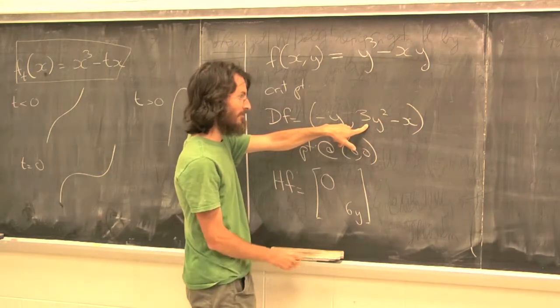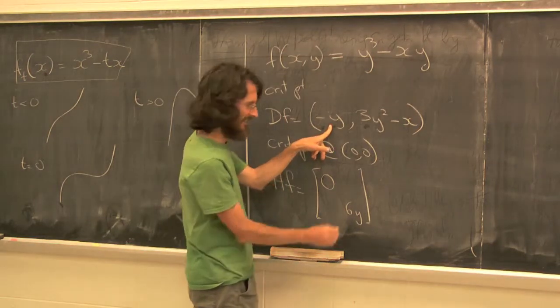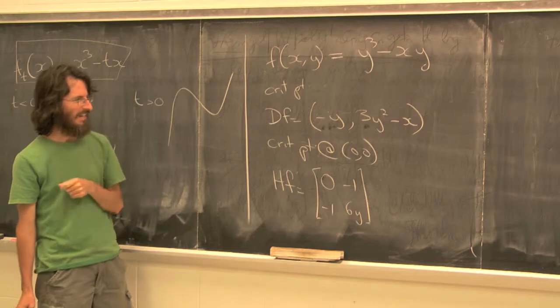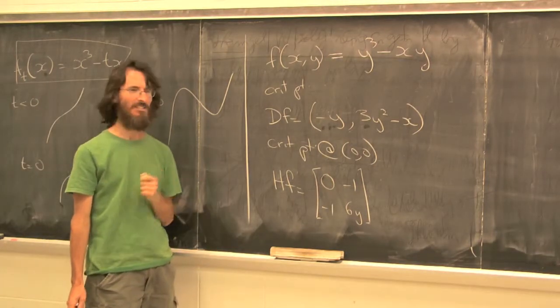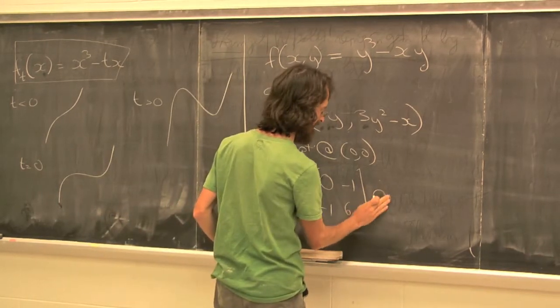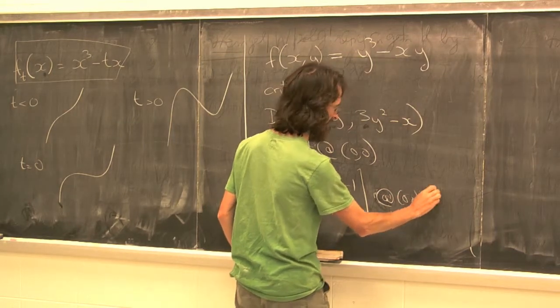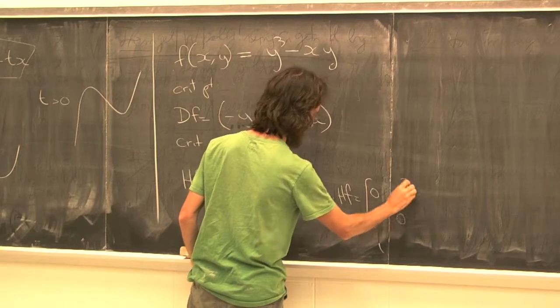And then the mixed partials should be equal, so I'll take this one and differentiate with respect to x, I get a -1 and a -1, right? And now I want to evaluate the Hessian at 0, 0. So at 0, 0, the Hessian of f is just 0, -1, -1, 0.